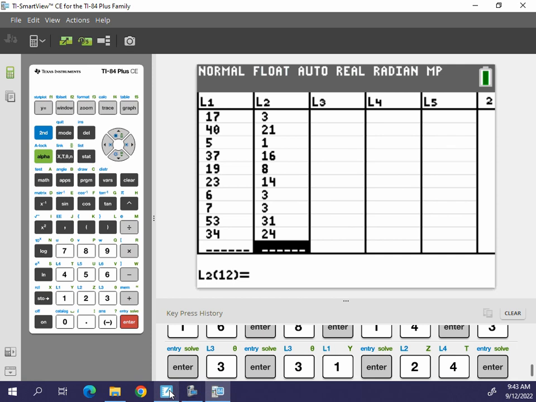We want to make sure that the values from the same country go together. This way, when we create a scatter plot, we're going to get data points that represent the countries.